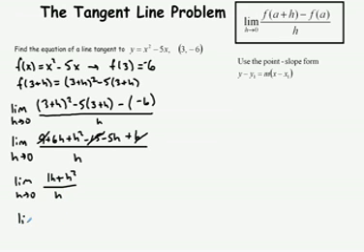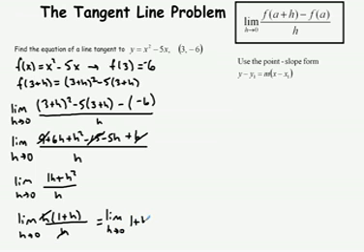Factoring out the h from the numerator in both terms, we get h times the quantity 1 plus h, all divided by h. The h's here cancel, and so we're left with the limit as h approaches 0 of 1 plus h. If we let h go to 0, of course, we just get 1.